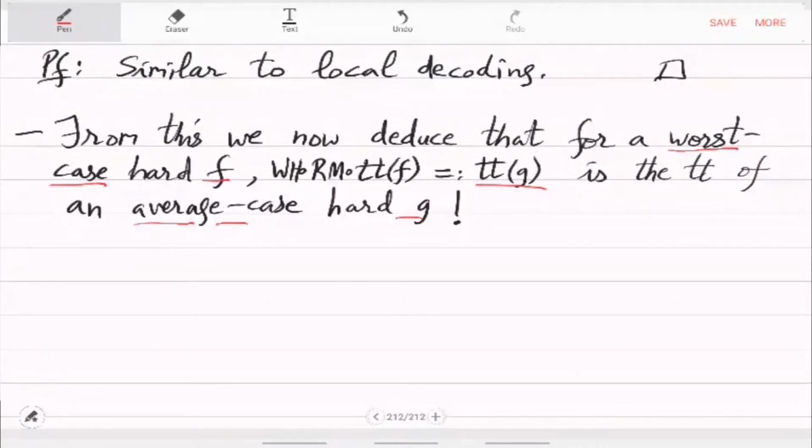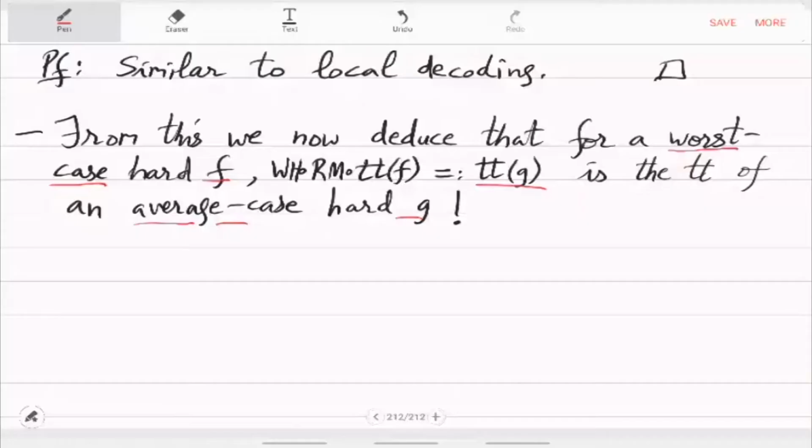Intuitively, because if g is not average case hard, then there is a circuit which can compute it on significantly more than half of the inputs. Now the truth table of that circuit you can think of as a corrupted code word.